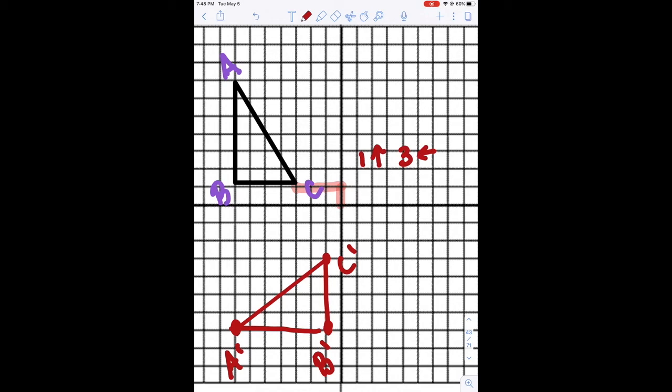If I start at the origin and go to C prime, I'm going 3 down, 1 left. So you can see how the numbers have changed. It's the same numbers, but they've switched locations and they're going in the opposite directions now. So that's kind of what happens when you rotate something.